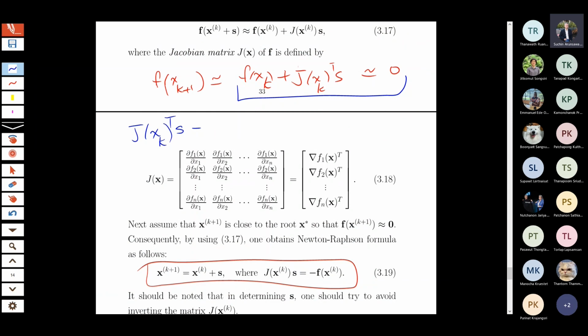The s satisfies the Jacobian at the point xk multiplied with s equals minus F(xk). This is equivalent to s being written as minus the inverse of the Jacobian matrix multiplied with F(xk).